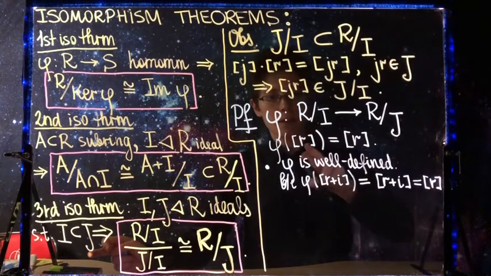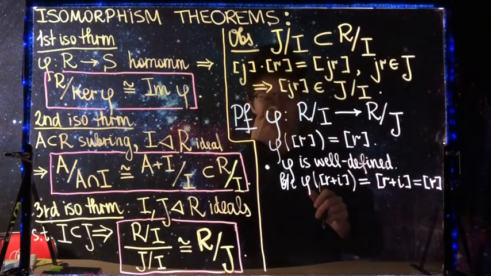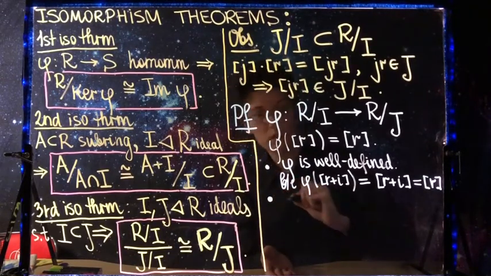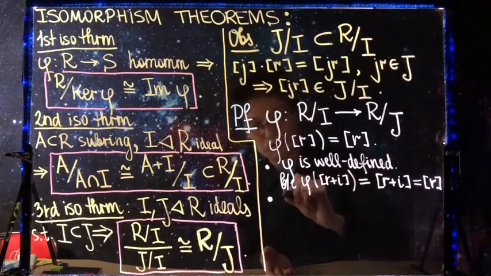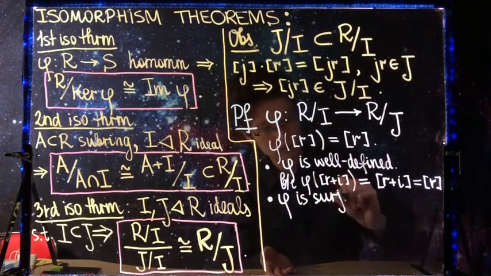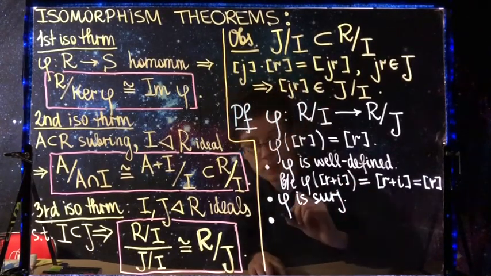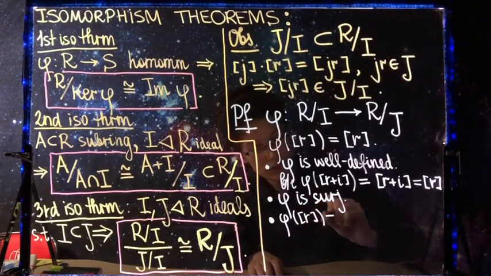So the images of these two equivalence classes are equal. You can observe from the definition that phi is surjective. And in order to use the first isomorphism theorem, we are going to check what its kernel is. So let's say that phi of r is equal to 0.